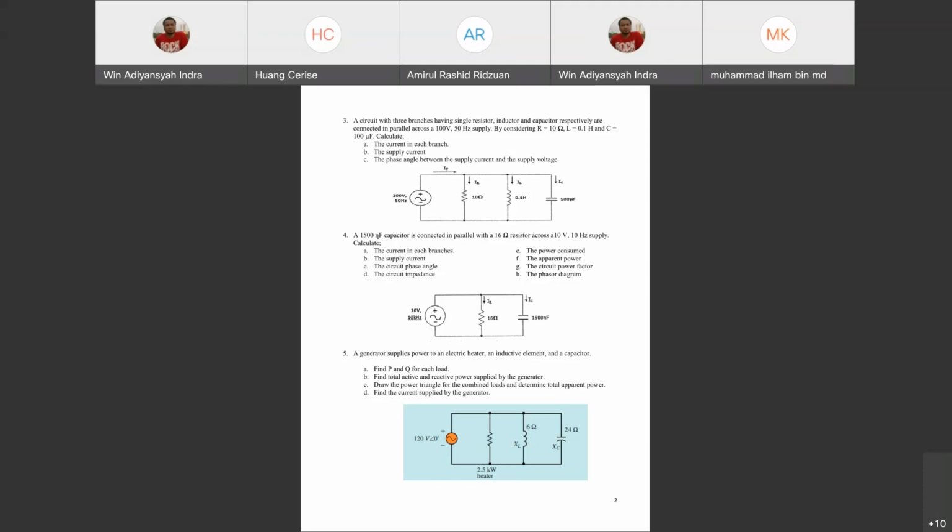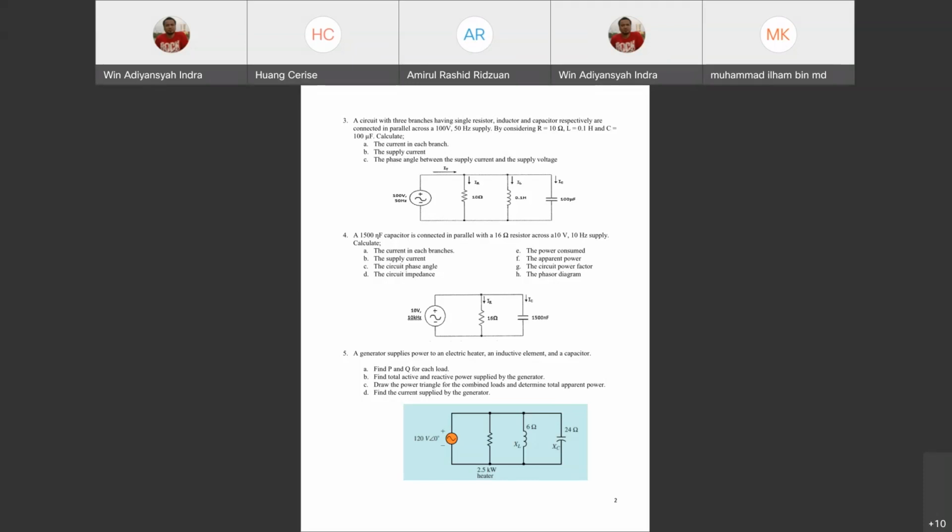Let's start with the first one, the current of each branch: IR, IL, and IC. Since the connection is parallel, the voltage for each branch is equal to the voltage of the supply.